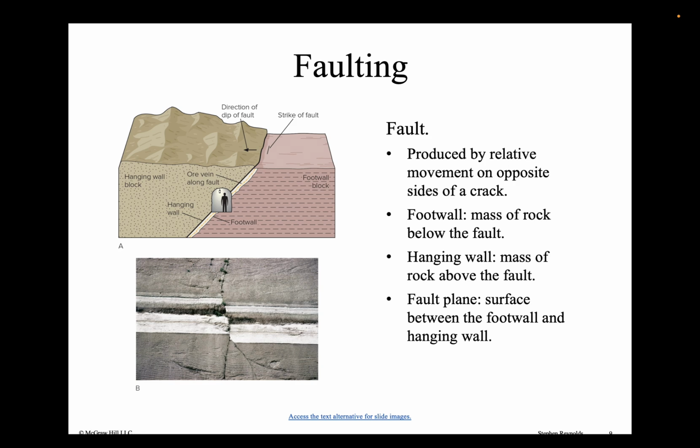So generally you can fold the mountain, or a fault can happen with those rocks. A folding will create layers, and a fault is caused by this movement of the opposite sides of that crack. This movement can be up or down, and we're going to call that dip.